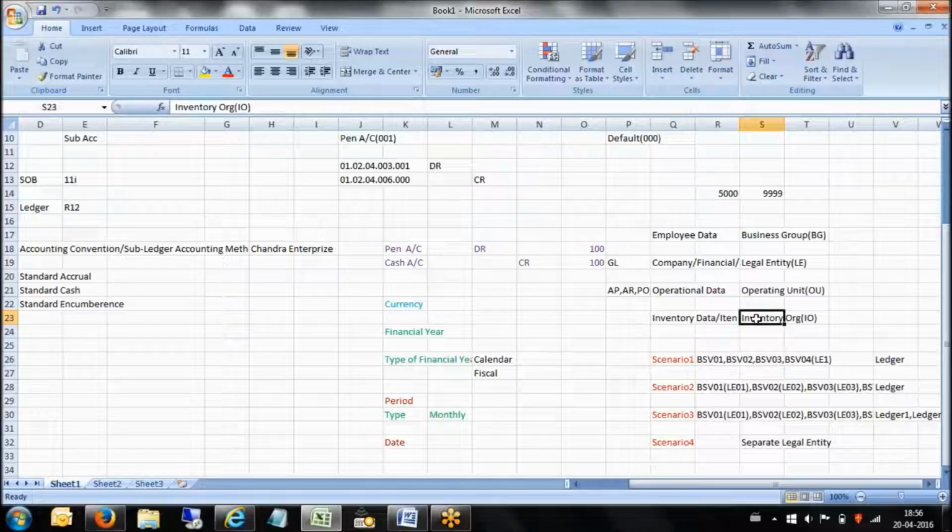This is not org ID; this is organization ID in the backend. Inventory org can be known as the warehouse in simple business terms. Whatever warehouse where you store your raw material or your finished goods can be known as inventory org in the application.